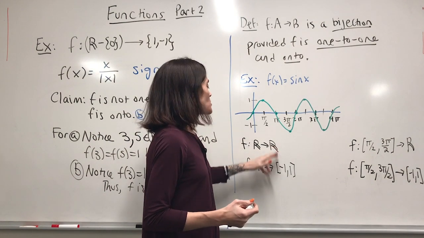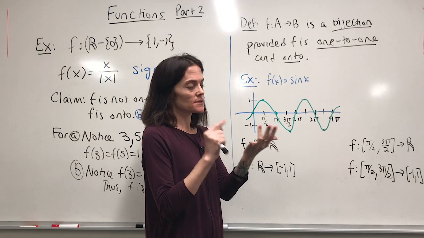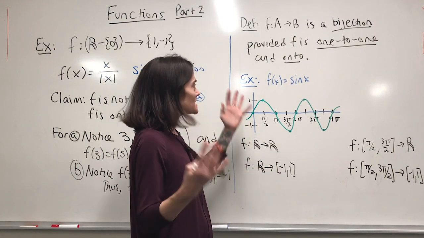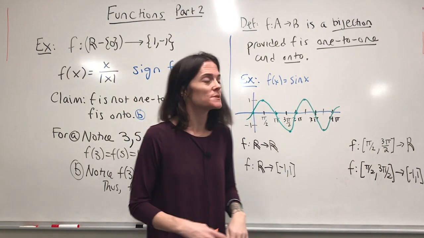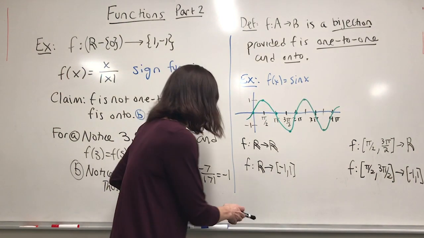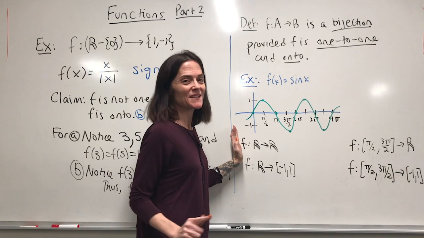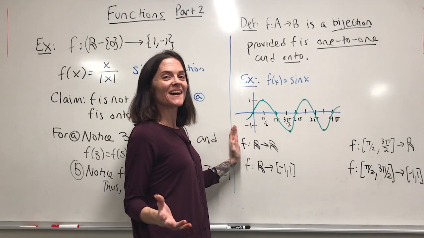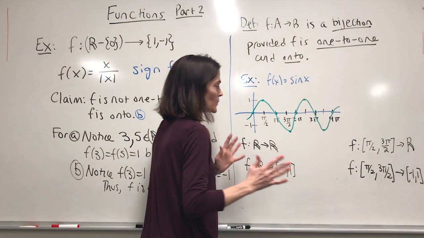Or if you think about changing what you put as the codomain, it changes whether the function is 1 to 1 or onto, or bijection, which is really why when we mention all of these concepts, it's not about some underlying function. It's really always a function together with an A and a B. And then you can answer the concepts of 1 to 1, onto, or even being a function for that matter.